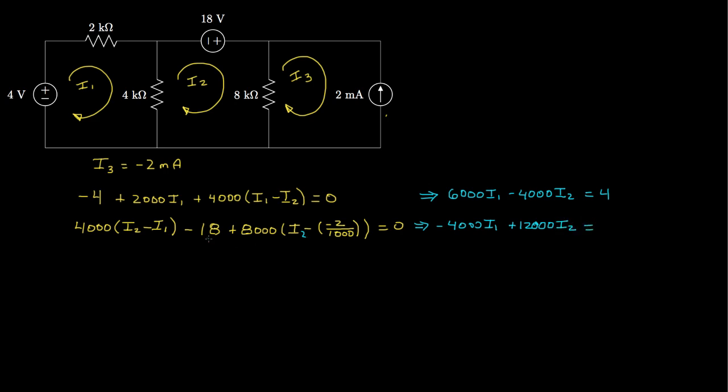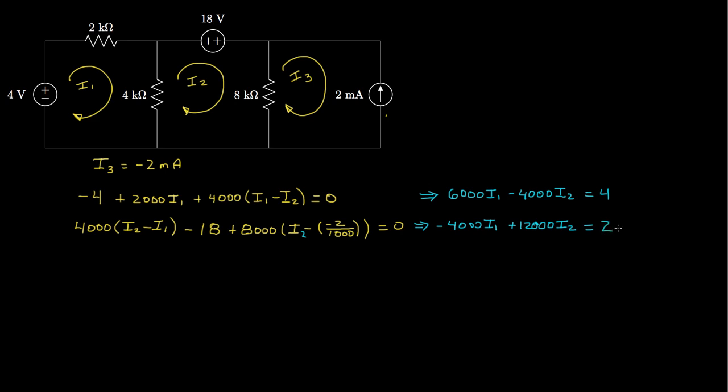And the constants will have a negative 18 and then 8,000 times negative and negative, that's a positive 2, that would be 16,000 divided by 1,000, so that's 16. So negative 18 plus 16 is negative 2. Take it to the other side and we'll have a positive 2.